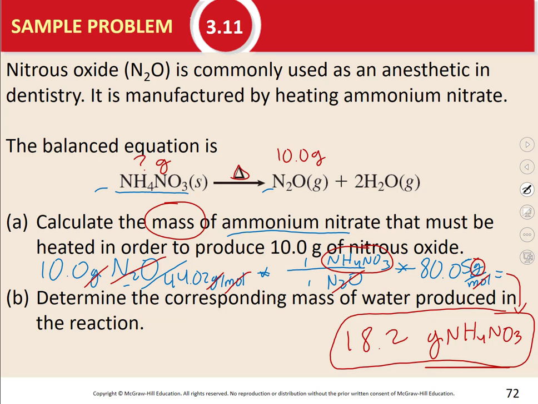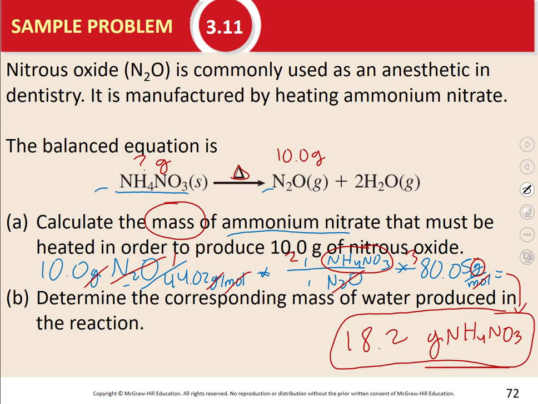How many total steps did we do here? A lot. 1, 2, 3. Can we follow 3 steps? Yep, hopefully. And so our conclusion is that it'll take 18.2 grams of ammonium nitrate to produce 10 grams of nitrous oxide.